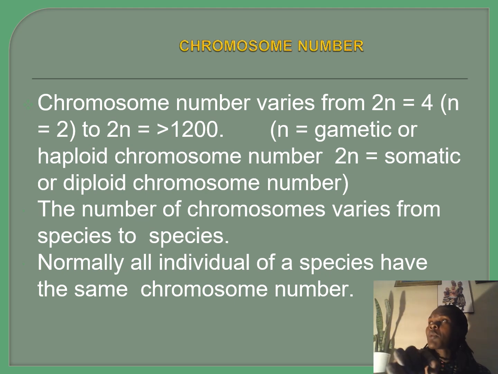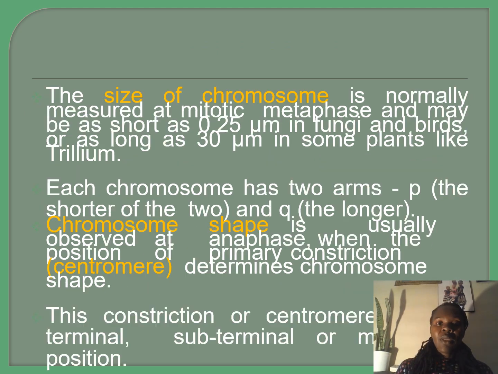It tells much about the common ancestry. But at some point, speciation takes place, and each of those genes are in those chromosomes, but then with a different chromosome number. It could be a different chromosome on those species, but due to speciation, they were separated, but they have a common ancestry. So normally all individuals of a species have the same chromosome number.